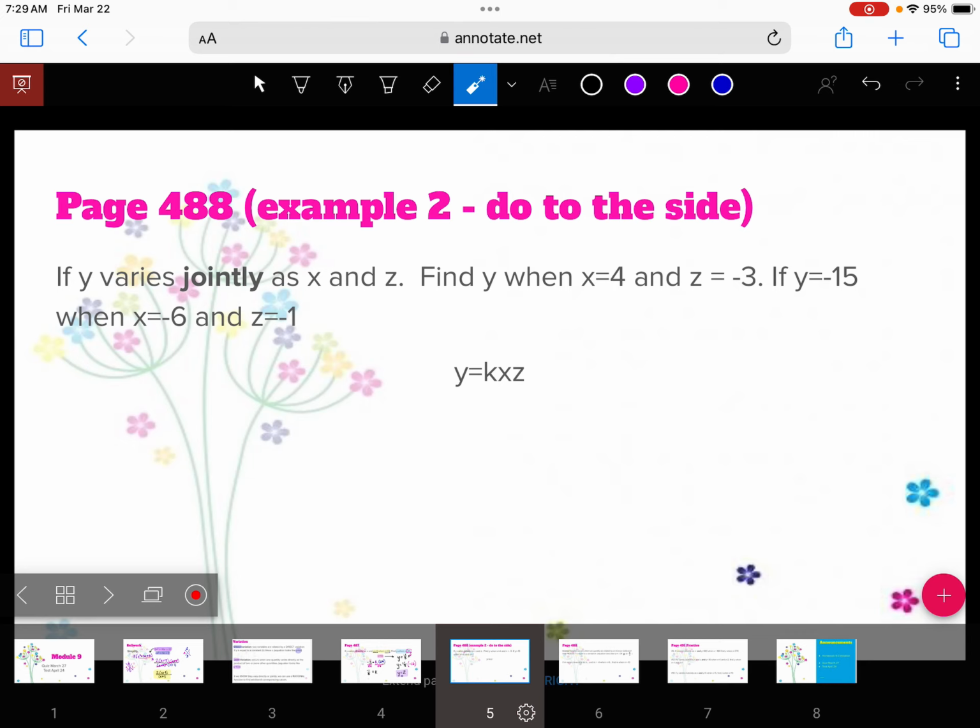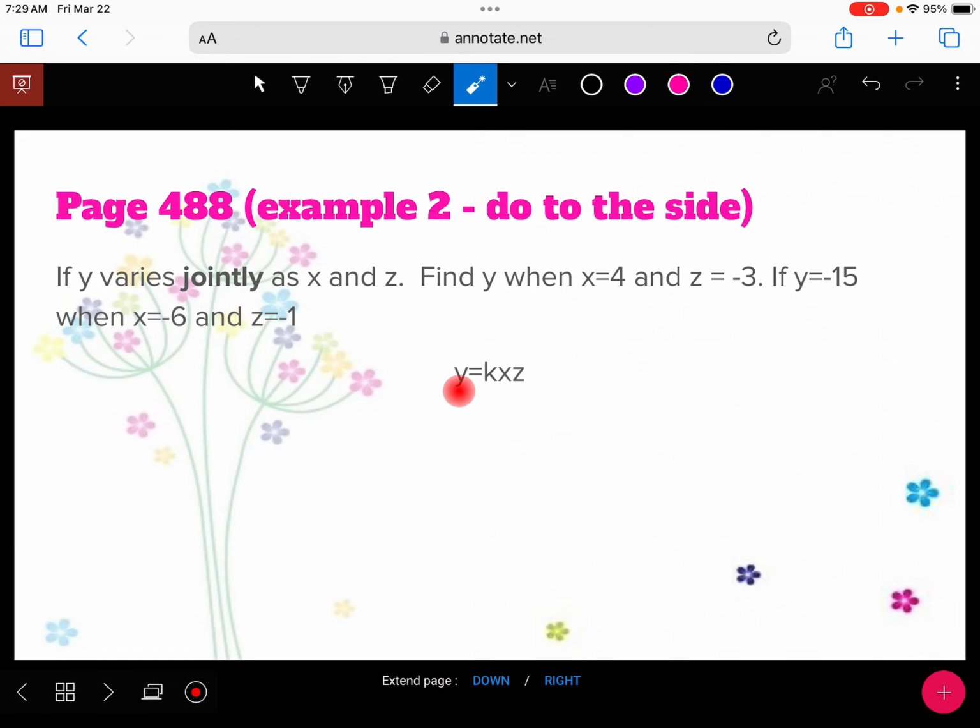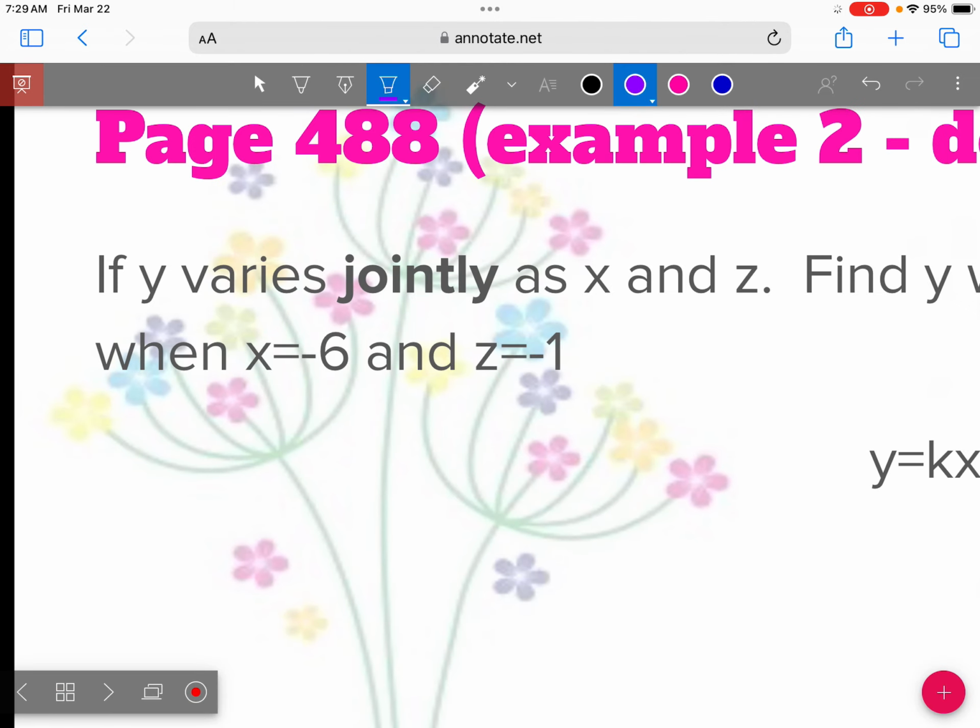Okay, let's try a jointly. So now we have that y varies jointly as x and z. That means we're going to use that y equals k x z.